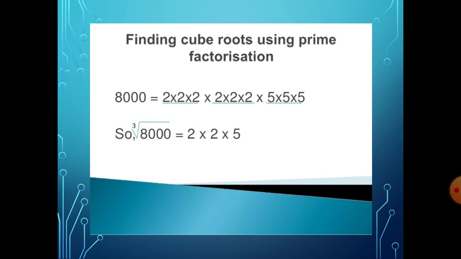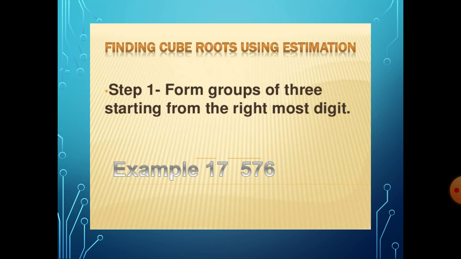So out of the first three 2's we get a 2, out of the next three 2's we get a 2, and out of the three 5's we get one 5. So the cube root of the number 8000 is 20.